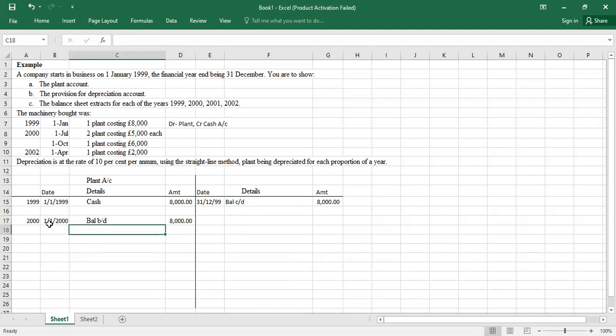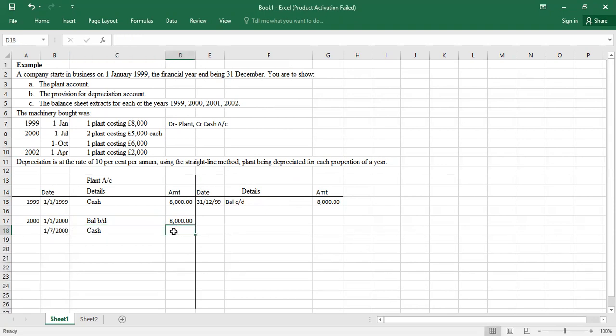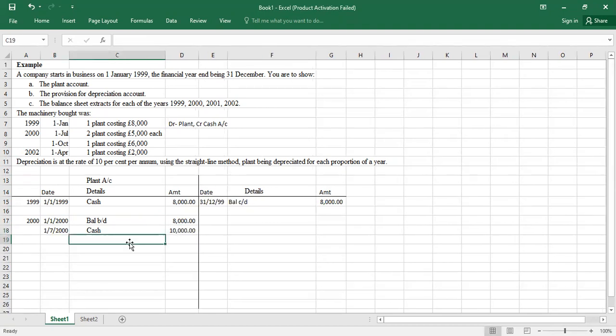Then in the course of this particular year, on 1st July 2000, I'm acquiring the second plant. Again, I'll assume that I'm buying cash. It is two plants costing 5,000 each, which means the value will be 5,000 multiplied by 2.